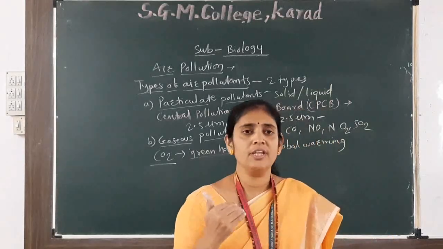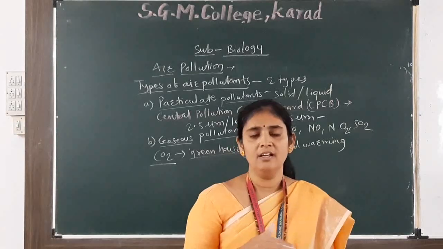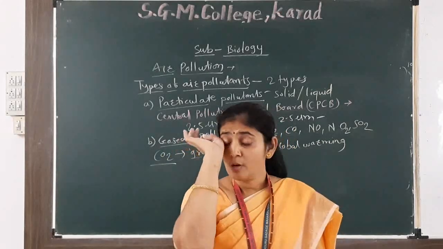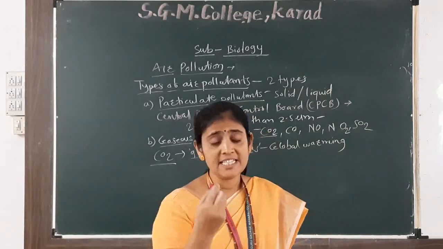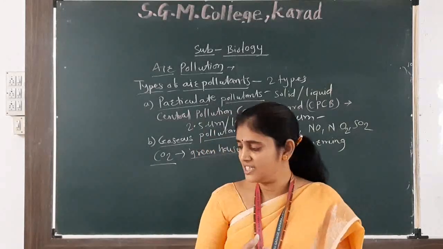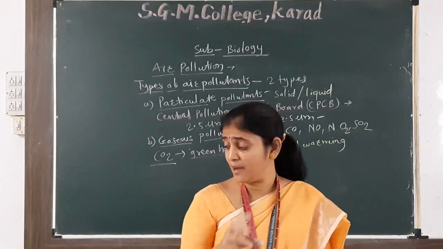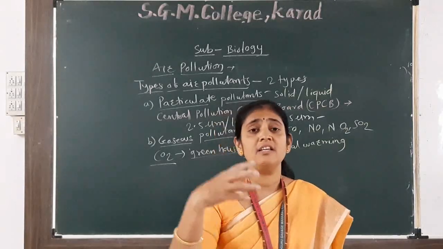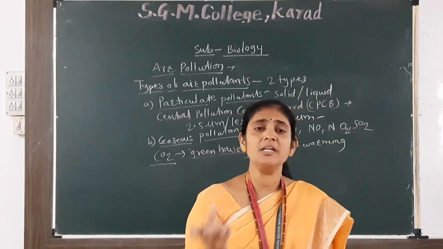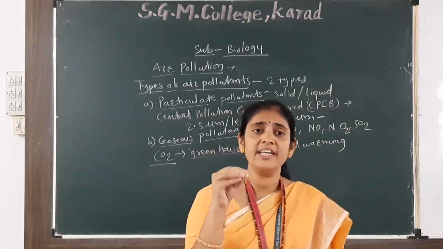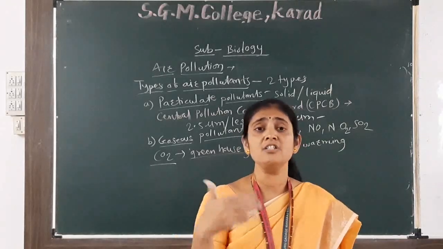Now we can see the aeroplane, that is a jet plane which is moving in the air. A single jet plane in a single trip uses around 35 tons of oxygen and it emits about 70 tons of CO2.